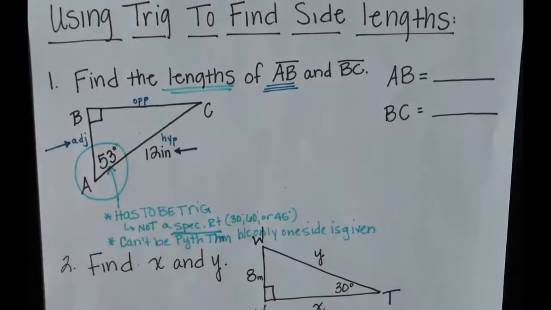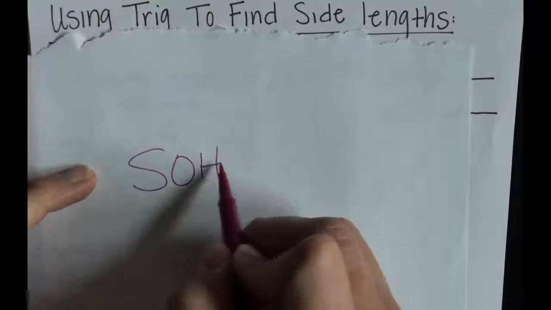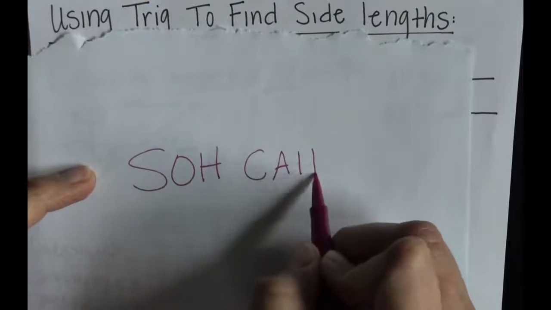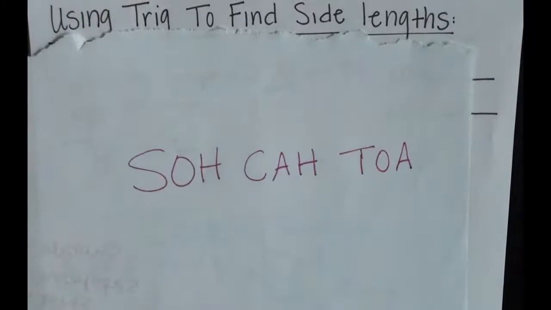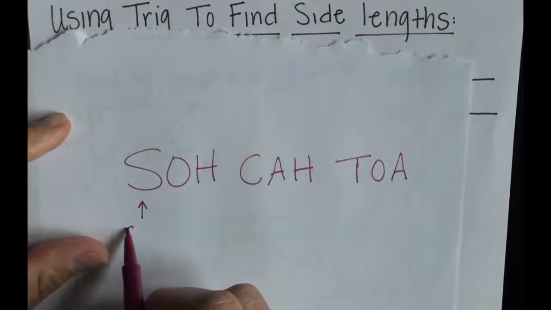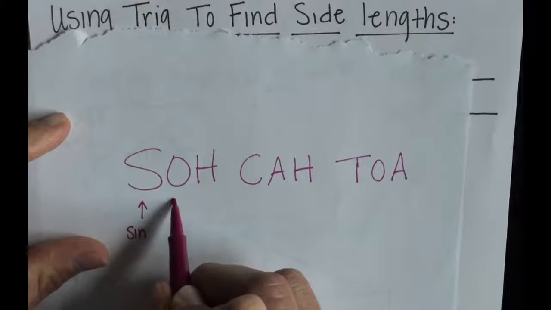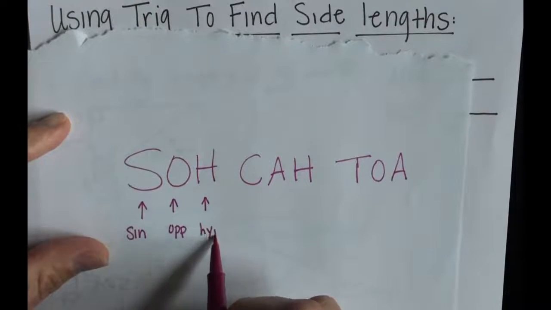Now, whether you write it on your own paper or scrap paper, don't forget this guy will help you remember, if you don't have it memorized, which trig function to use. So remember, this is sine, opposite, and hypotenuse.